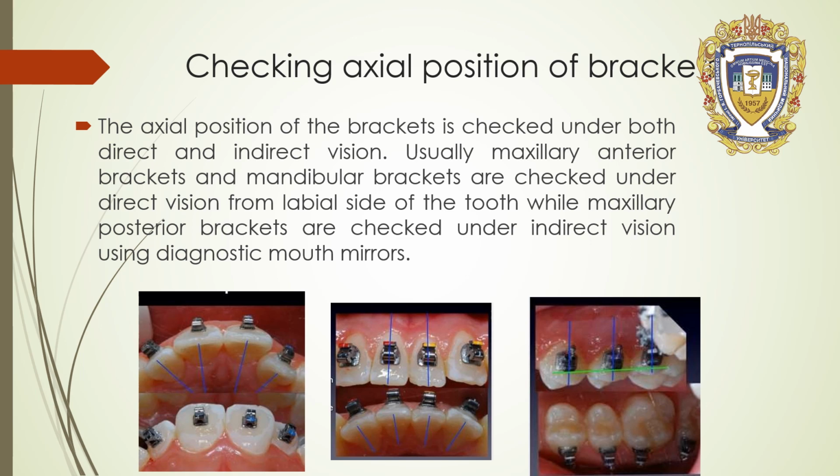How can we check axial position of brackets? The axial position of the brackets is checked under both direct and indirect vision. Usually, maxillary anterior brackets and mandibular brackets are checked under direct vision from the labial side of the tooth, while maxillary posterior brackets are checked under indirect vision using a diagnostic mouth mirror.